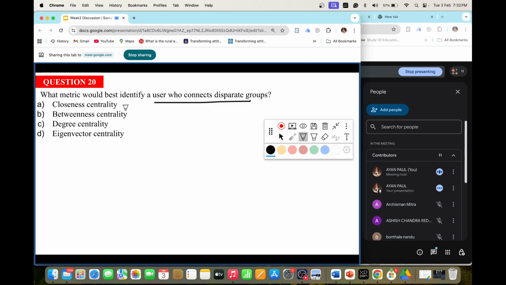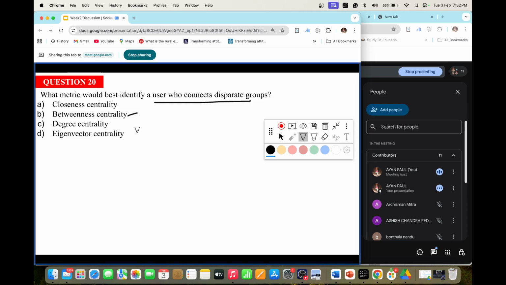Closeness centrality will not be good because it is used within a cluster, but we want between clusters, to connect two different clusters. So betweenness centrality would be good. Degree centrality is for all over the nodes, so that is why we cannot say this. And last is eigenvector centrality. It is a centrality measure based on the importance of nodes.